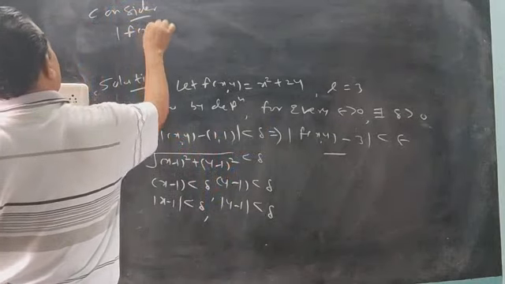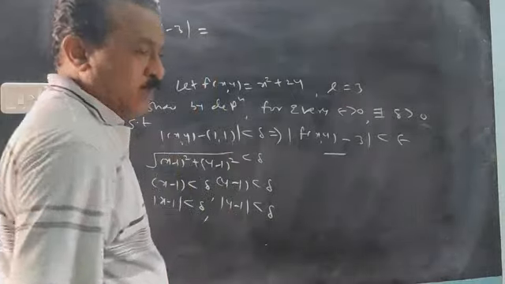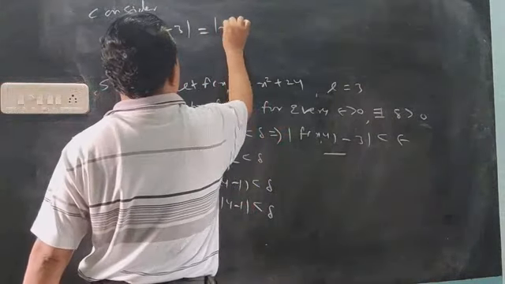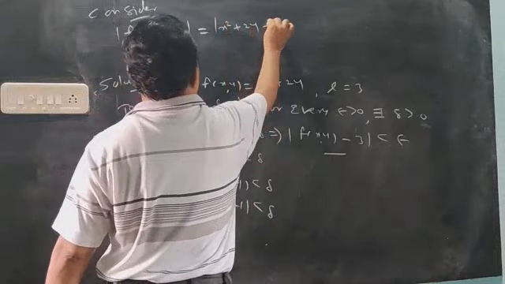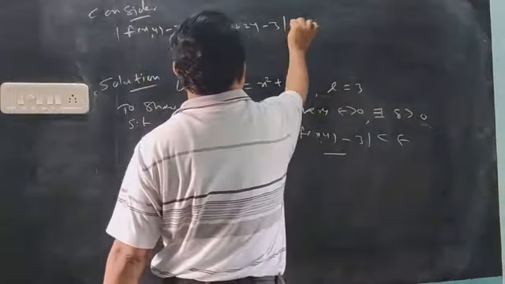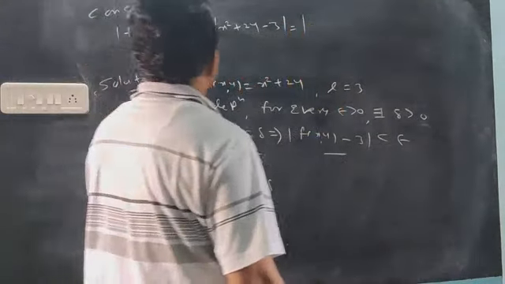Mod of f of (x, y) minus 3. Here the function is x square plus twice y, and the limit is 3. So break it in such a way that I get the factors x minus 1 and y minus 1.